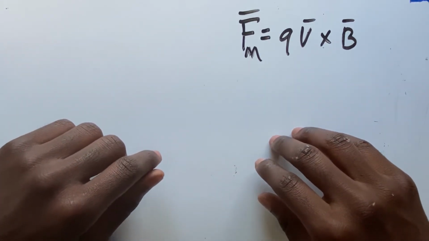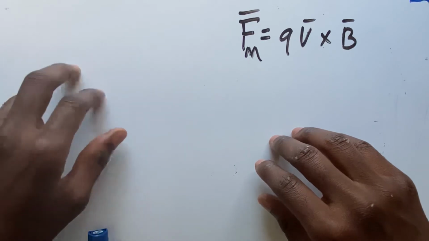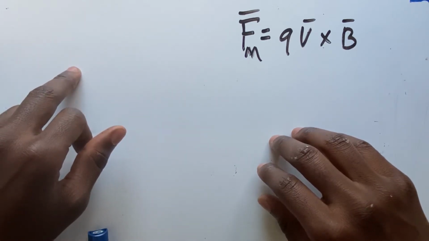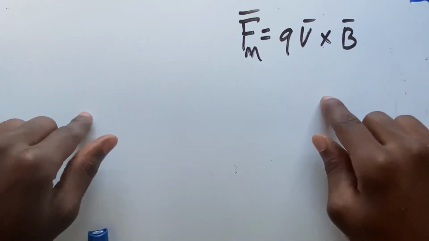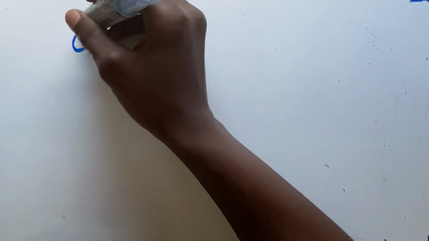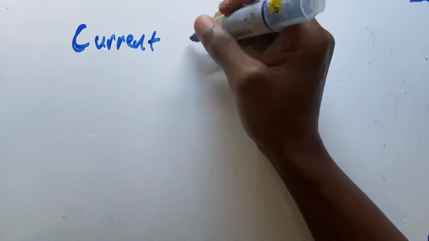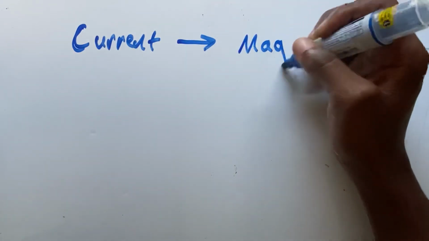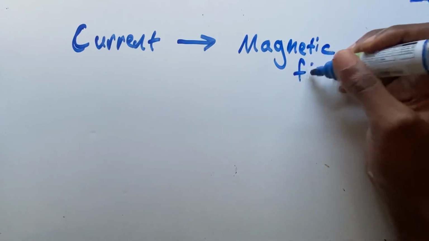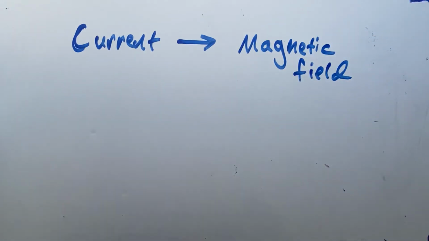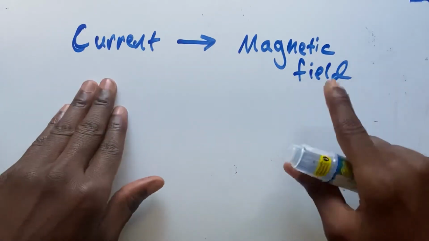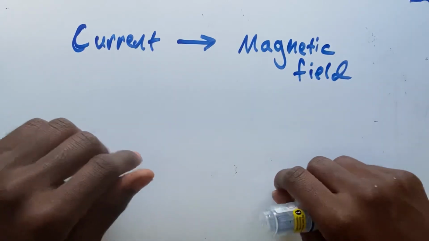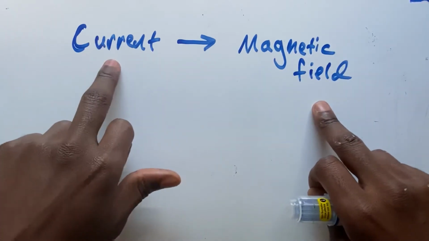So now the question is, if a magnetic field can be made by a moving charge, so basically a current can produce a magnetic field, right? Because a current is just a moving charge, and moving charges make magnetic fields. So if a current can make a magnetic field, now the question is, well, can a magnetic field produce a current?